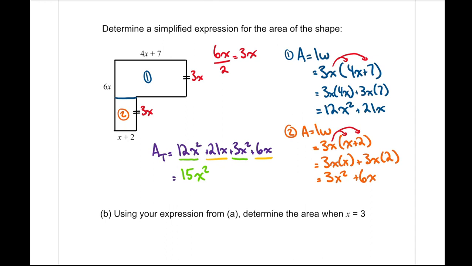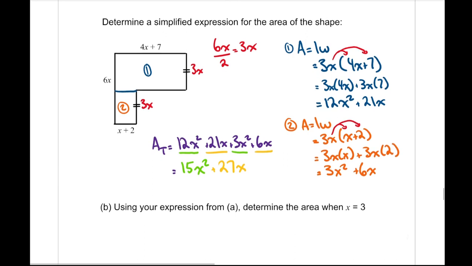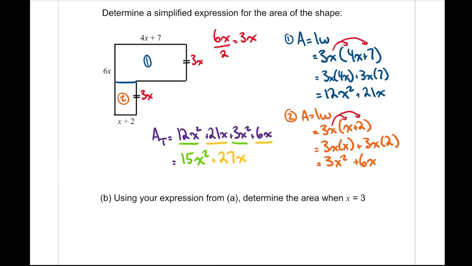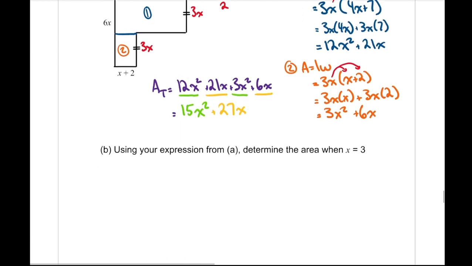They're telling us what item we're dealing with and how many. So we're just adding the numbers. So 12 plus 3 is 15x squared. And then for the x's, 21 plus 6 is 27x. So that is our total area for this shape: 15x squared plus 27x. Again, that's as far as we can go. We can't add those together. They're not like terms. And we don't know what x equals until we get to question B.